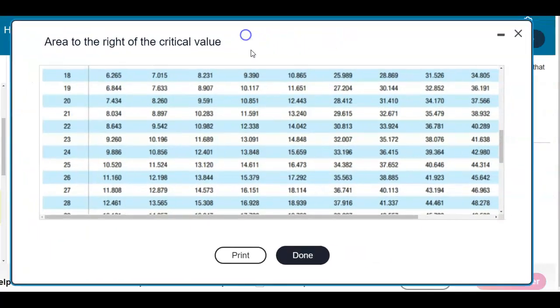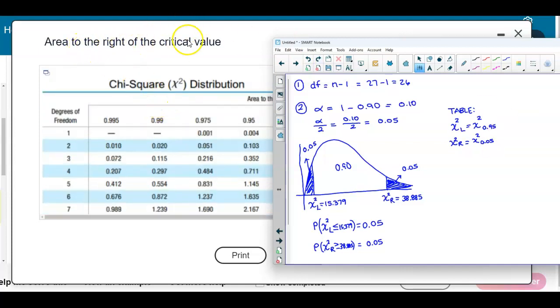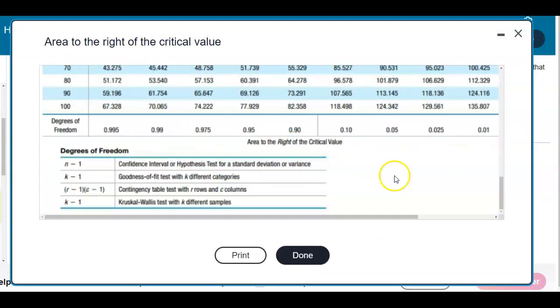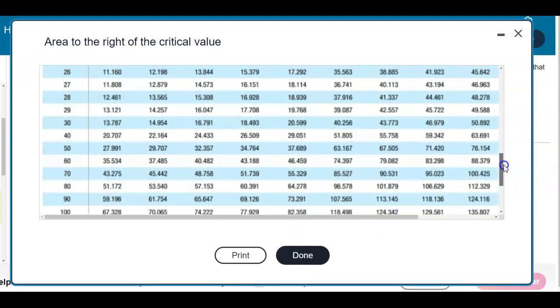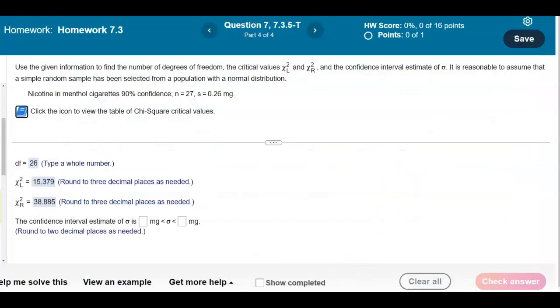And now if we take a look at the chi-square on the right, the area to the right of that is 0.05, because again, we're given the area to the right of the critical value. So if we take a look at 0.05 and then go all the way down to 26, you can see that we get 38.885. Now that's just to check in how to use the table.